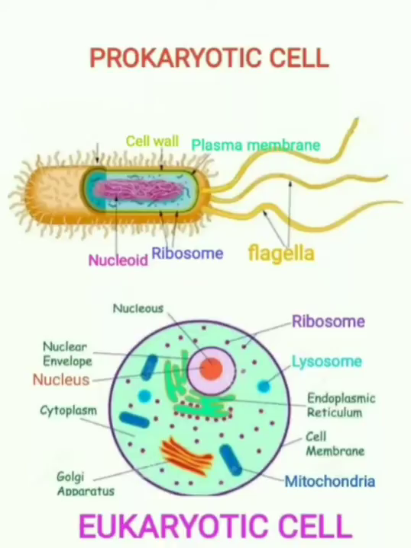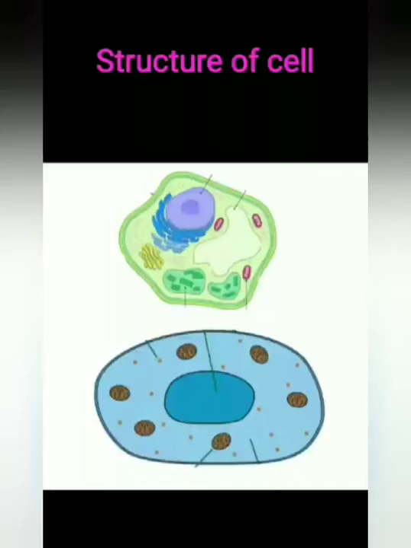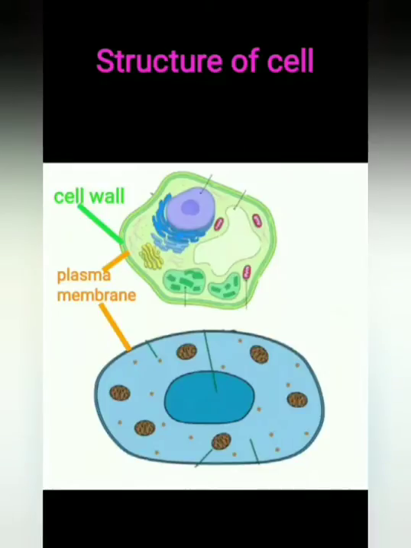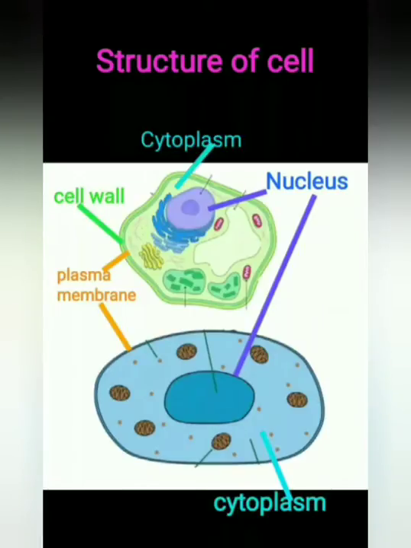Prokaryotes have the primitive and incomplete cell, whereas the eukaryotes have advanced and complete cells. Now I will discuss the different components of cell. Structure of cell. An eukaryotic cell mainly contains plasma membrane, cell wall, nucleus, and cytoplasm.